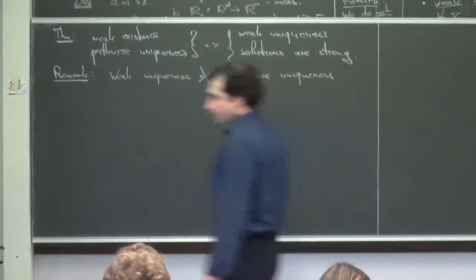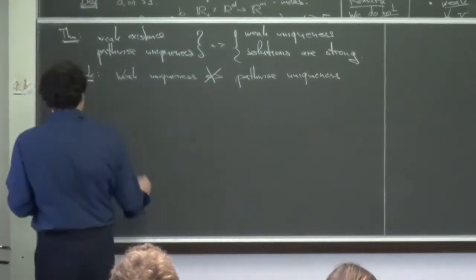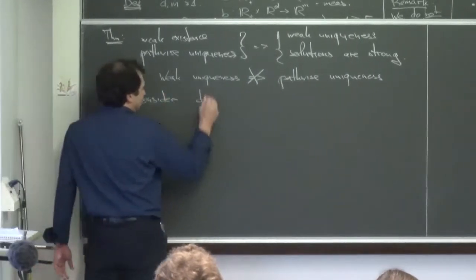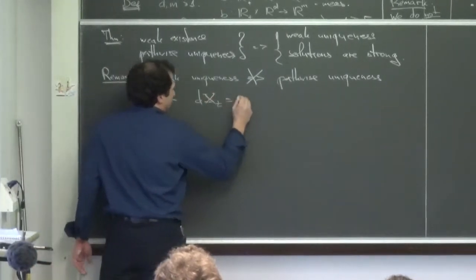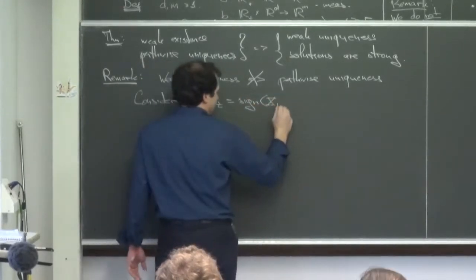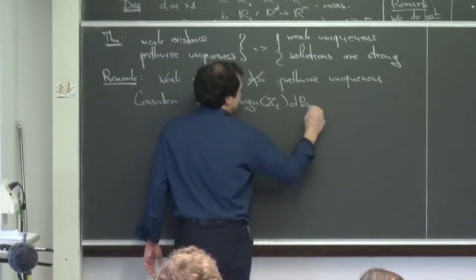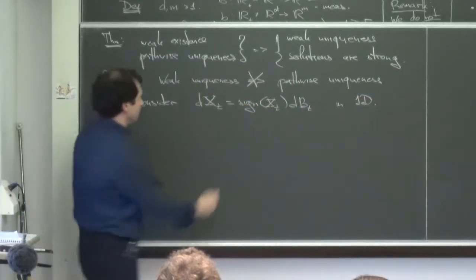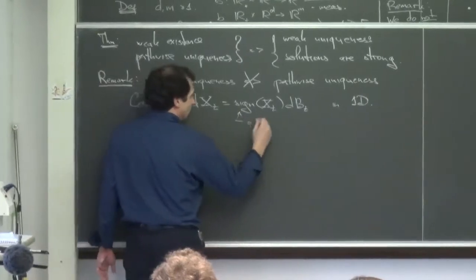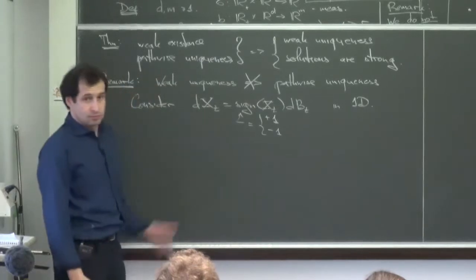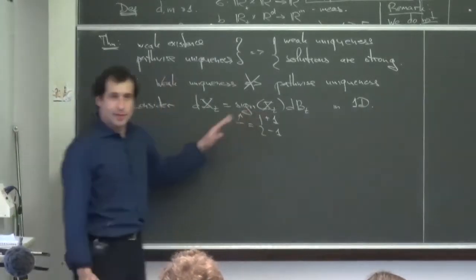Let us consider the stochastic differential equation of this form: dXt = sign(Xt) dBt, just in 1D. And this function is either plus or minus 1. I do not admit sign to be equal to 0.